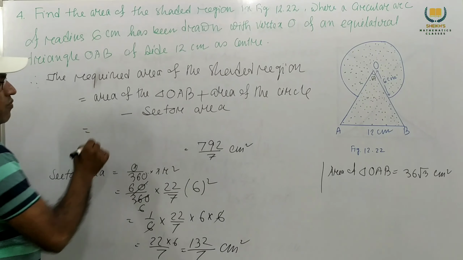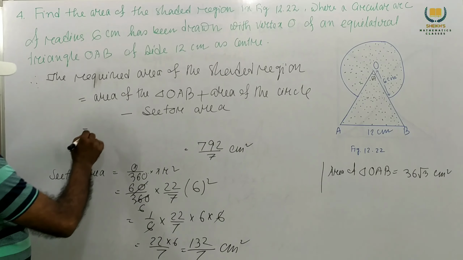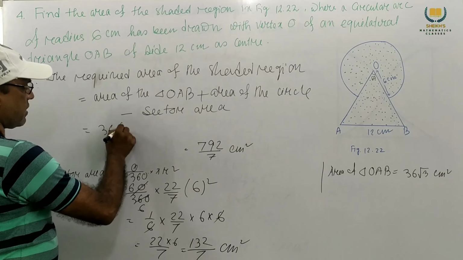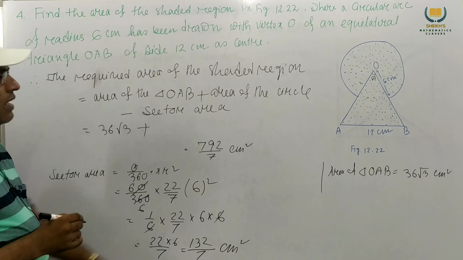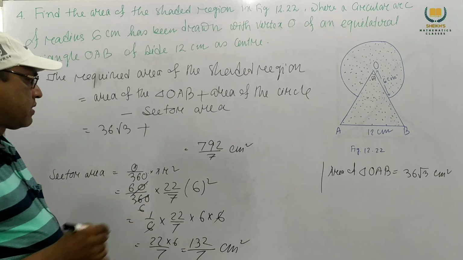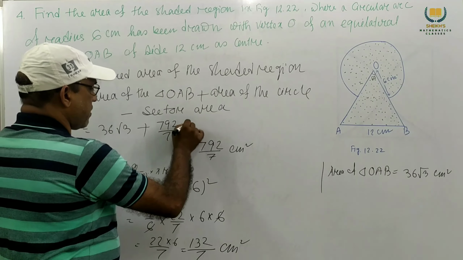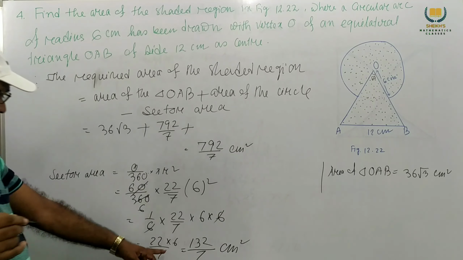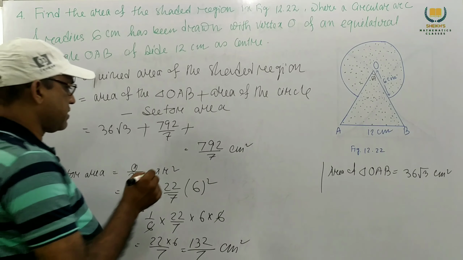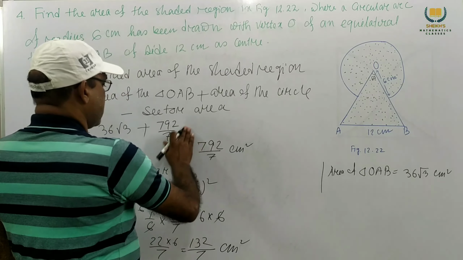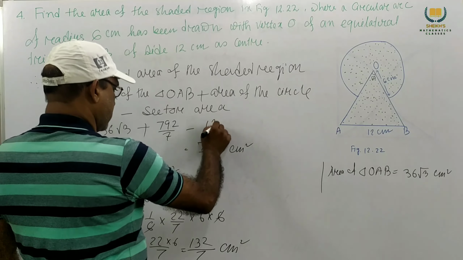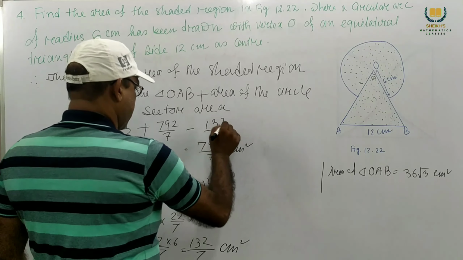The area of the triangle is 36 root 3, the area of the circle is 792 by 7, minus the area of the sector, 132 by 7.